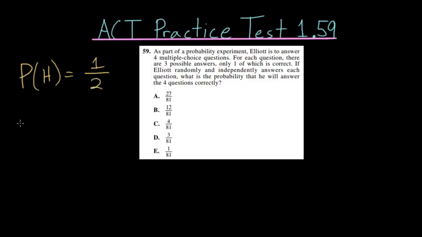But let's say I want to know the probability of getting tails twice in a row. Now we're dealing with compound probability, and it's also important to note that we're dealing with independent probability. If I get tails on the first flip, then my second flip, if these two are truly independent, is completely unaffected by the first.